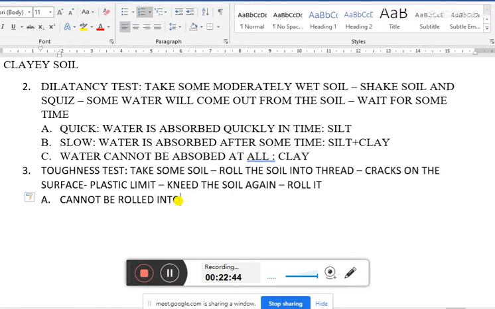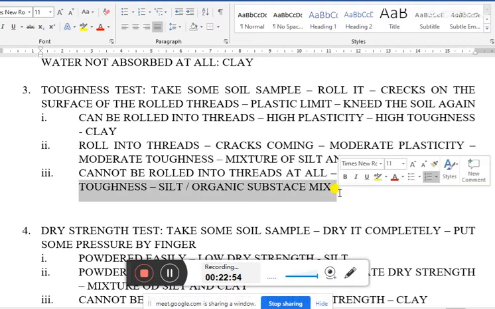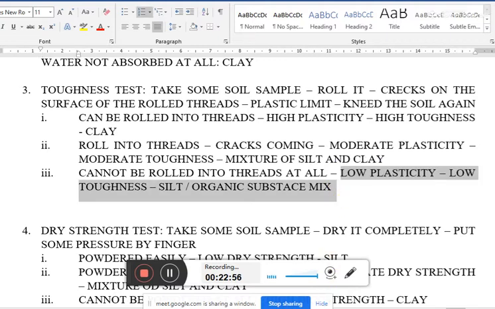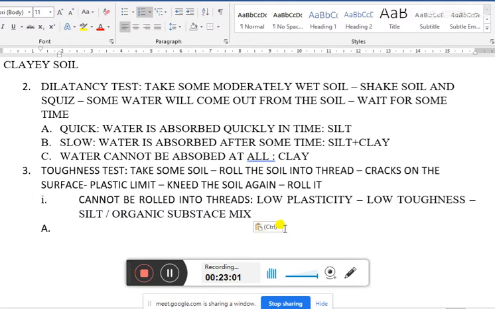If it cannot be rolled into threads, then we can conclude that the soil is of low plasticity, that means the soil has low toughness.